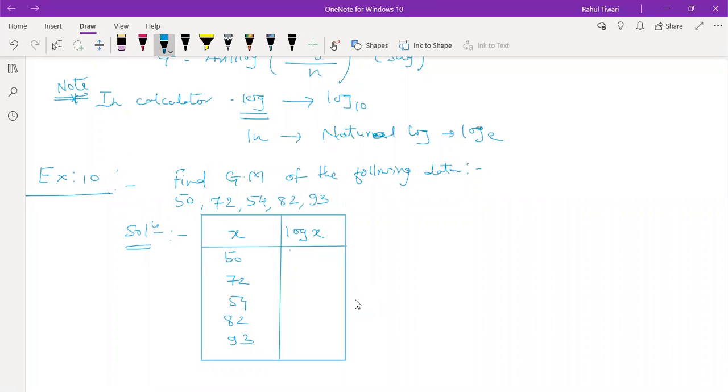It is going to be 1.6989. Take up to 4 digits always. And take similarly log 72: 1.8573. Just verify whether you are getting the same answer or not.